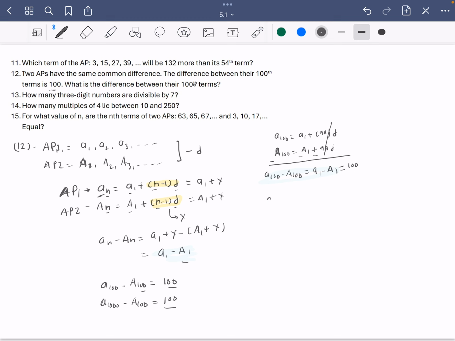Now we want to calculate the difference between their 1000th term. So a1000 is going to be a1 plus 1000 minus 1, 999 times d, and uppercase A1000 is going to be A1 plus 999 times d. So subtract it. It's going to cancel out. a1000 minus uppercase A1000 is going to be a1 minus A1, and we know it from here, that is 100. So the difference between the 1000th term is also going to be 100.